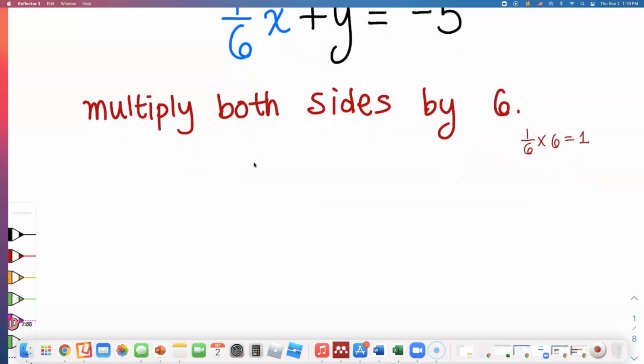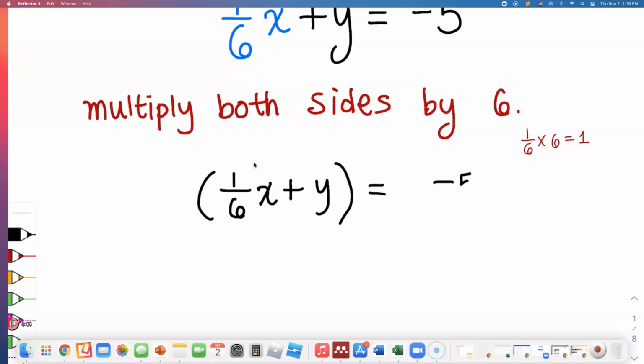So take a look at this for me. You have 1/6x plus y on the left side, and you have -5 on the right side. Everything will get multiplied by 6. So I'm multiplying the left side by 6, and I'm multiplying the right side by 6.